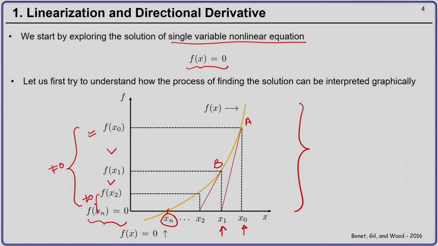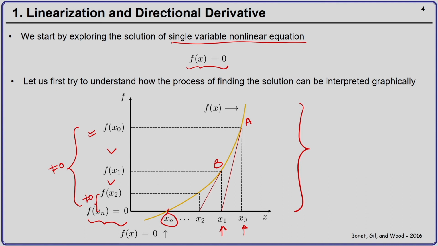Now, the thing to note is that when you are applying the Newton-Raphson procedure on a computer, you may not actually get 0. You may get a very small number, maybe 10 to the power minus 9, 10 to the power minus 10 or something like that, but you will not actually get 0. So, we have a certain criterion.